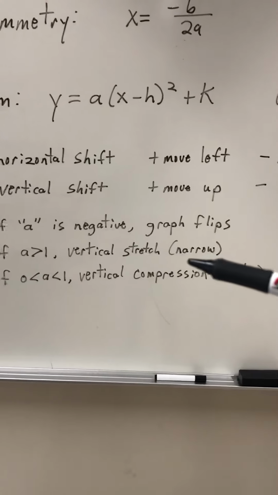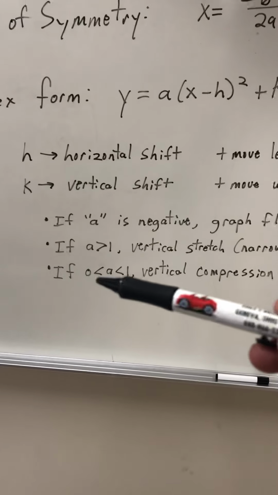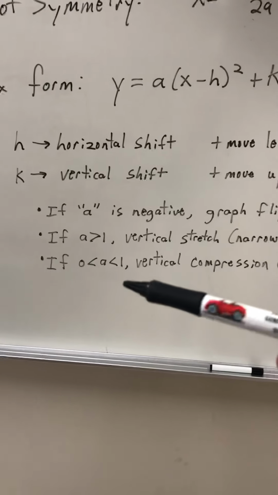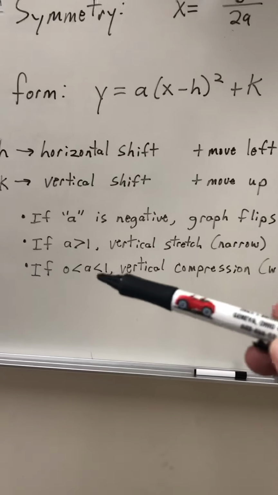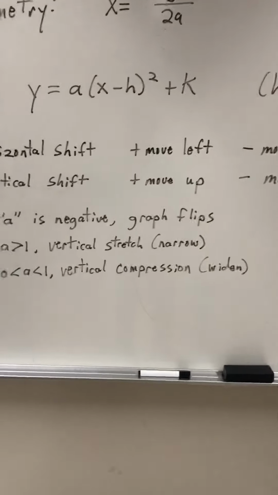It's going to be a narrower looking graph. If a is between 0 and 1, so it's a decimal of some sort, or a fraction of some sort that's less than 1, it's going to be a vertical compression. It's going to widen. So those are probably the most important notes that you need for this quiz.